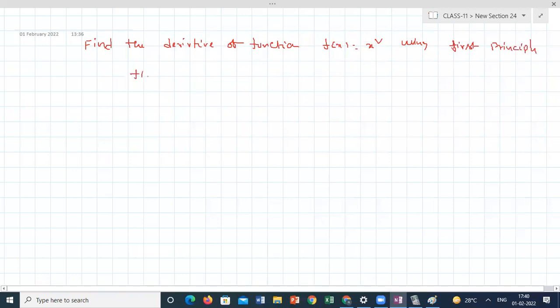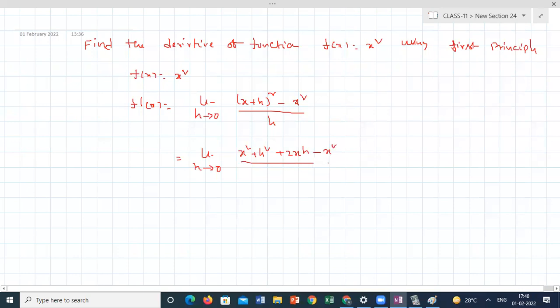So my f of x is equal to x square. So f dash x is equal to limit h tends to 0, x plus h whole square minus x square divided by h. Limit h tends to 0, x square plus h square plus 2xh minus x square divided by h. So x square cancels.